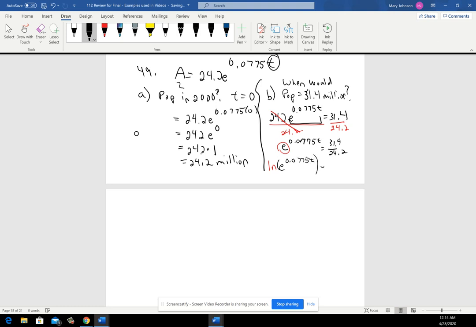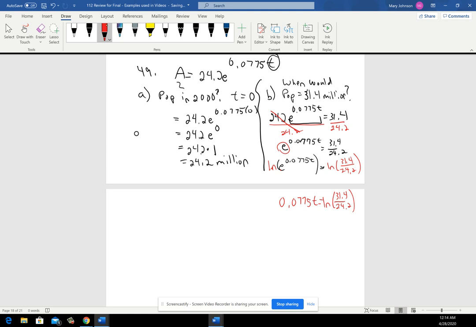And you should show me that ln on each side. Quit skipping steps. And so the natural log is log base e. It undoes the base e, and you get 0.0775 t equaling the natural log of this. And by keeping that like it is, you're not going to introduce any round off error.